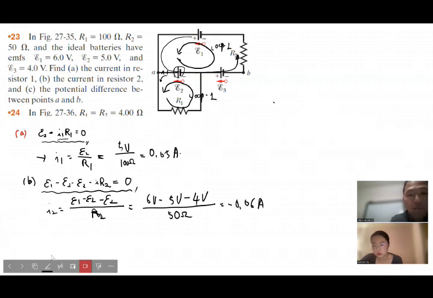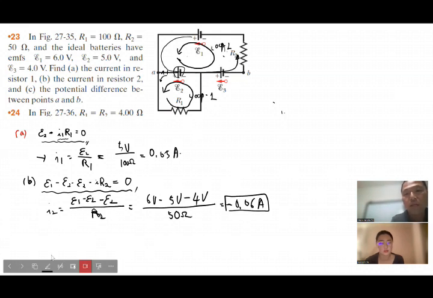Plug in all the numbers, then that gives minus 0.06 amps. Here, the minus sign indicates the negative direction. You assumed loop 2 is counterclockwise, but you have a negative sign, so basically that current should be clockwise, because it comes with the negative sign with respect to the convention of loop 2.